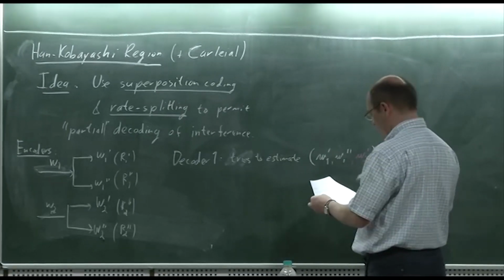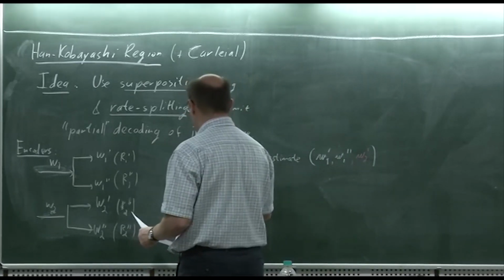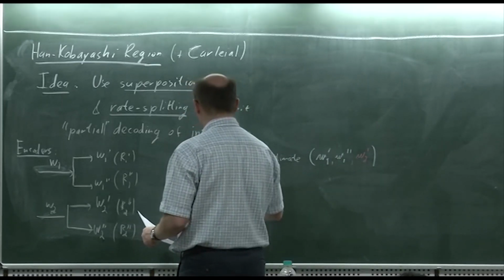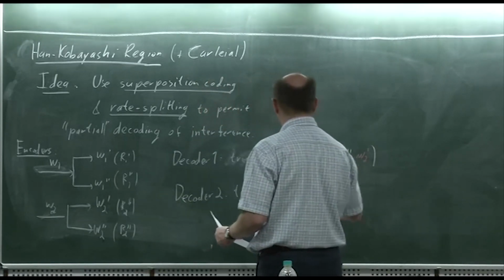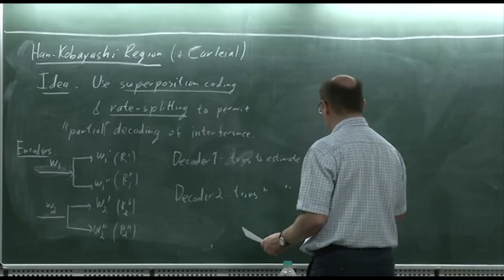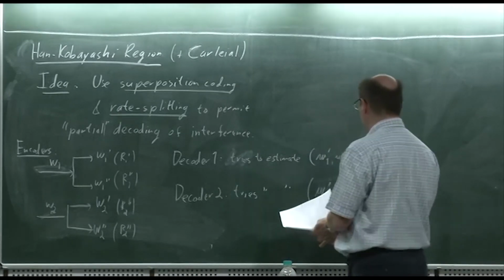Okay, so that's the partial decoding of the interference. So decoding part of the message will be helpful because you're going to get rid of some of the interference. Decoder 2 tries to estimate, same thing, W2 primed, W2 double primed, and W1 primed.